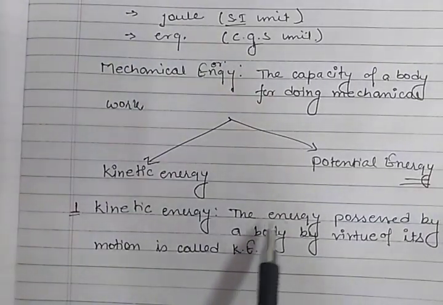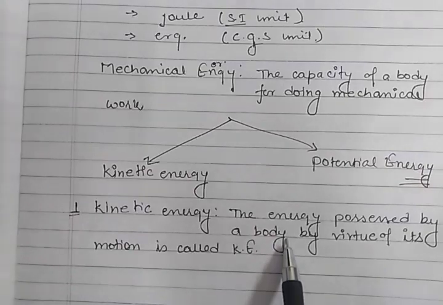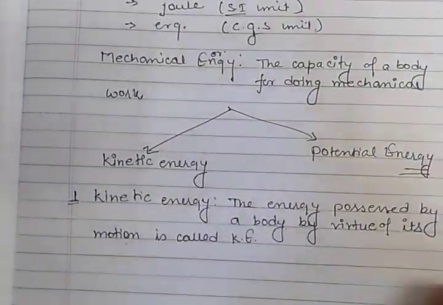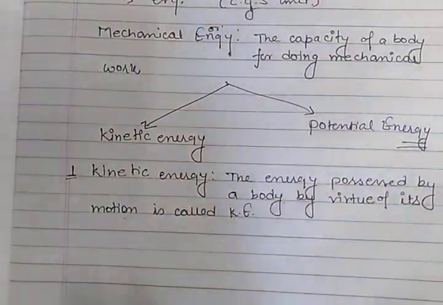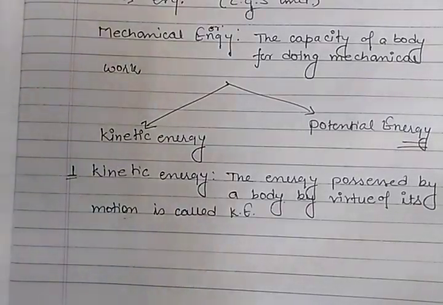The energy that is present in a body when it is in motion. Very simple definition. If a body is in motion, it is moving, then whatever energy it has, that is kinetic energy.